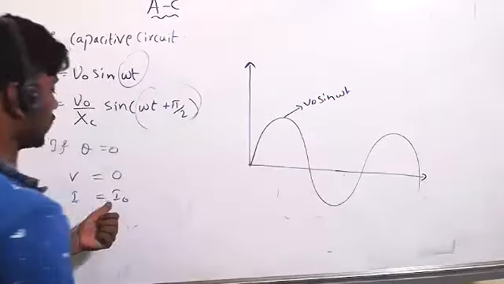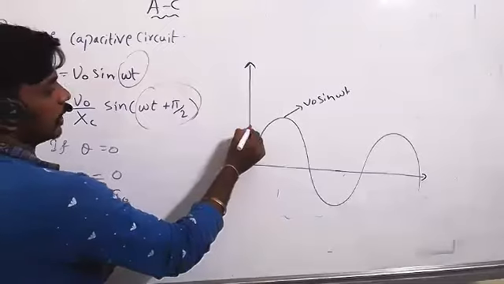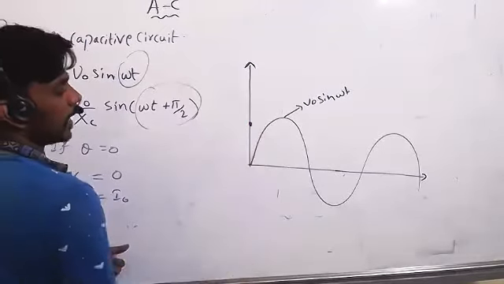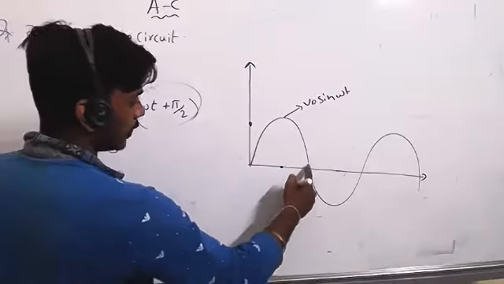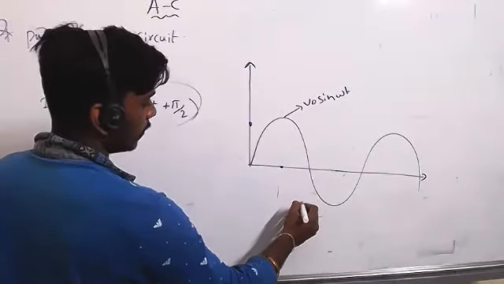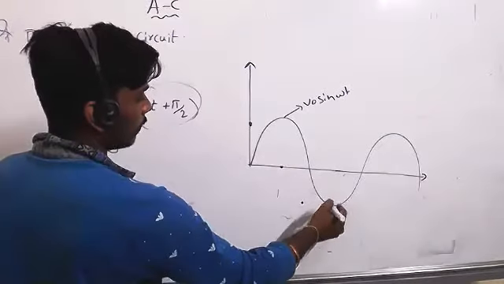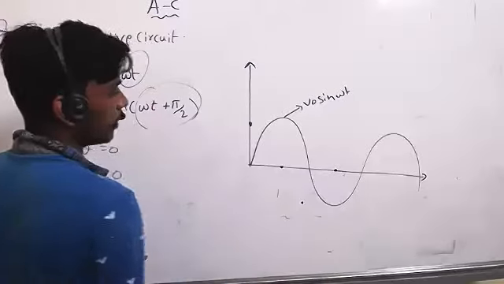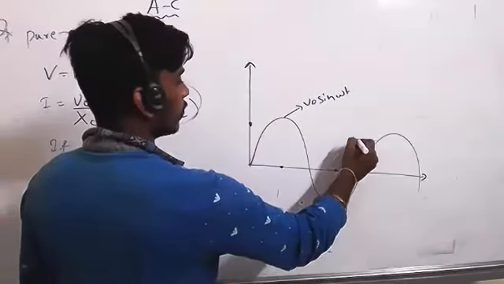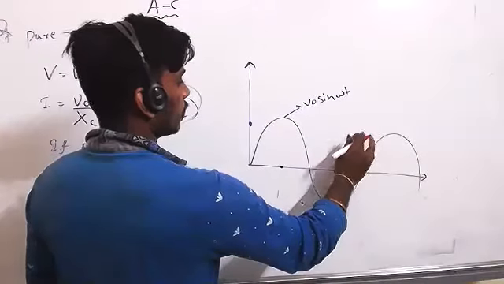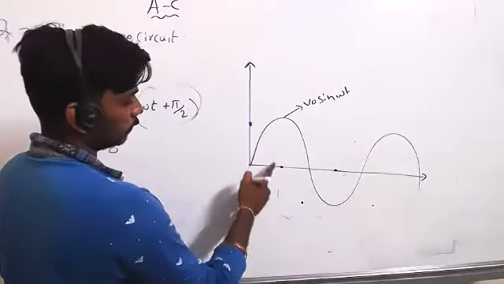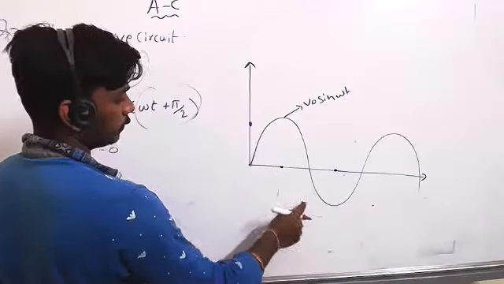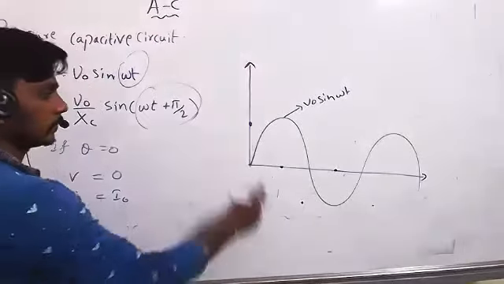Current is lagging here. So here current is lagging and current is here. When it is minimum, current will be maximum. Again, when it is maximum, current will be minimum. When it is minimum, current will be maximum. See once.